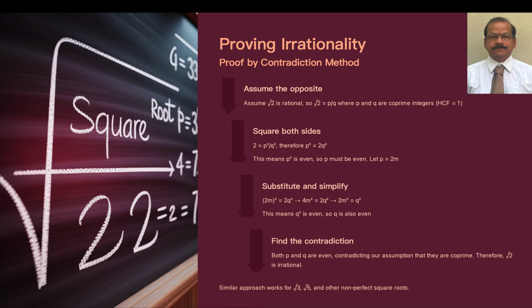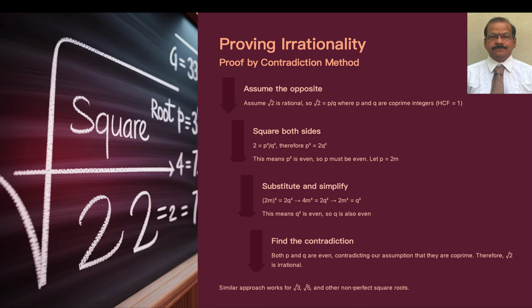Now, find the contradiction. Both p and q are even now. You have proved both are even. When both are even, our assumption that they are coprime is failing, because 2 is a common factor in that.